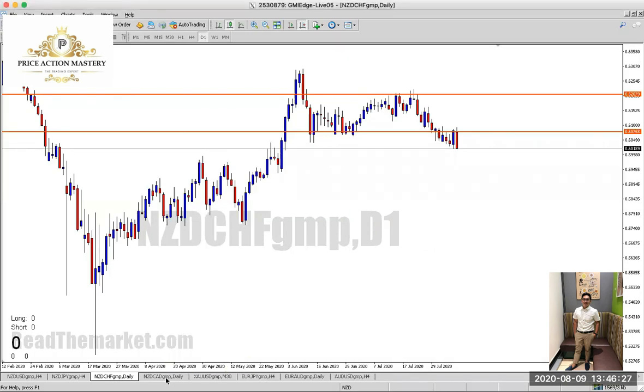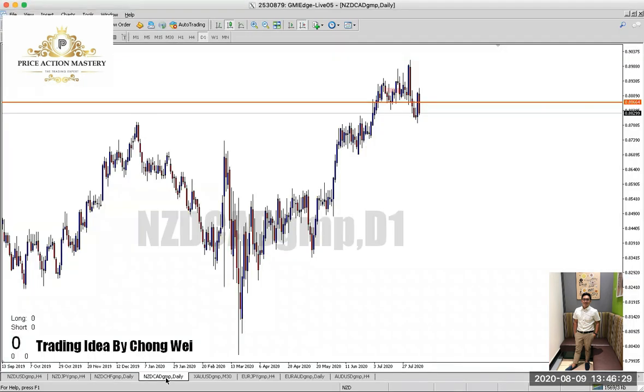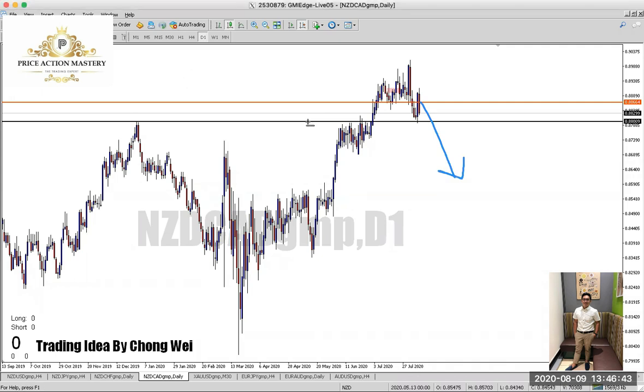So we look into the next, New Zealand CAD. Next week we're going to see a drop as well. The next buyer is going to wait over here, reaching here, but I think there's an opportunity to break down.